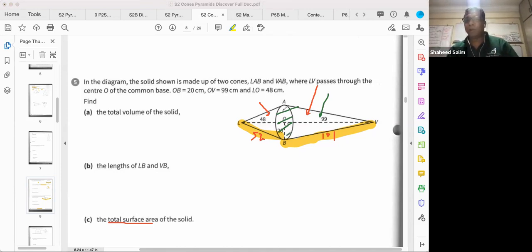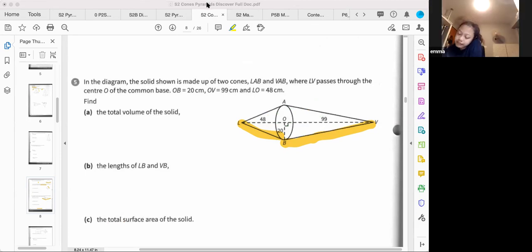You found pi r squared here. You are supposed to find pi r l for this one. You get it? So change your r squared.